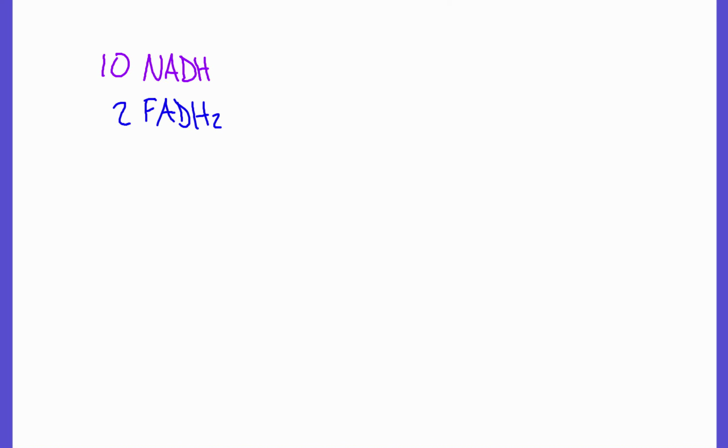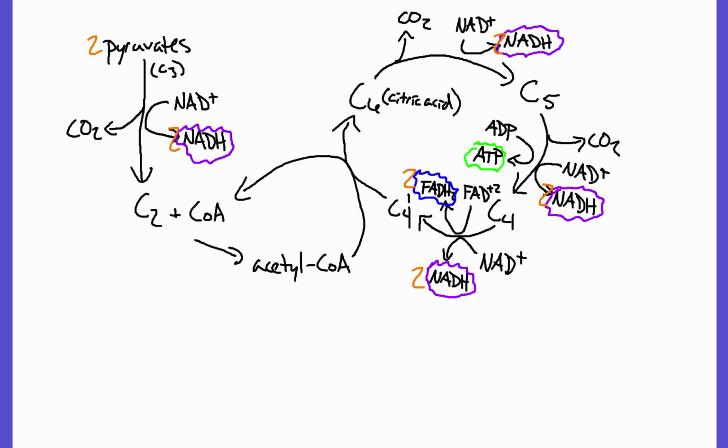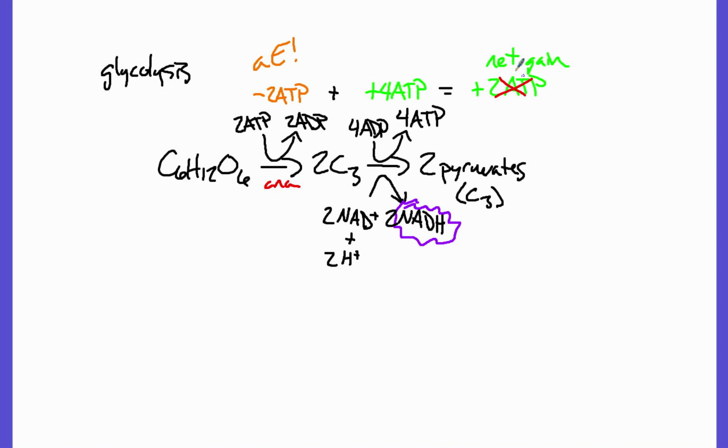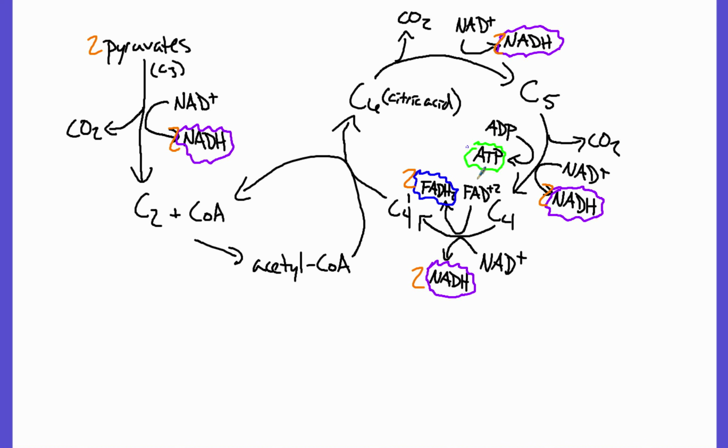But also, when I looked back through everything, remember I made a net gain of 2 ATP, but I'm going to lose those moving pyruvates into the mitochondria. I am going to have a little bit of ATP when it's all said and done, because I did get my 2 back in Krebs cycle.